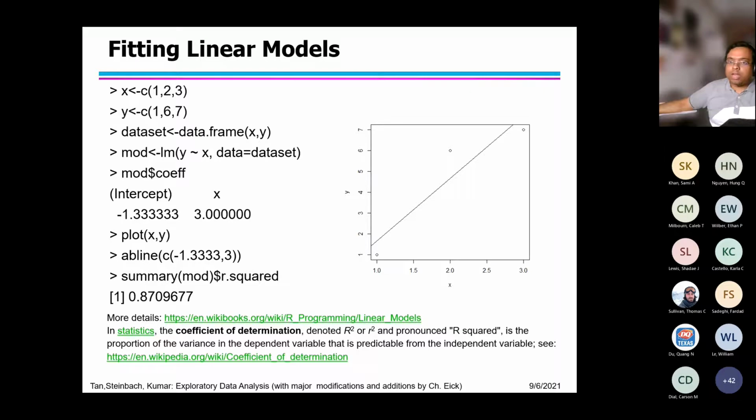In fact, a lot of Python libraries and R libraries share the same origin. Once you get a hang of the syntax, R is very simple and very powerful.